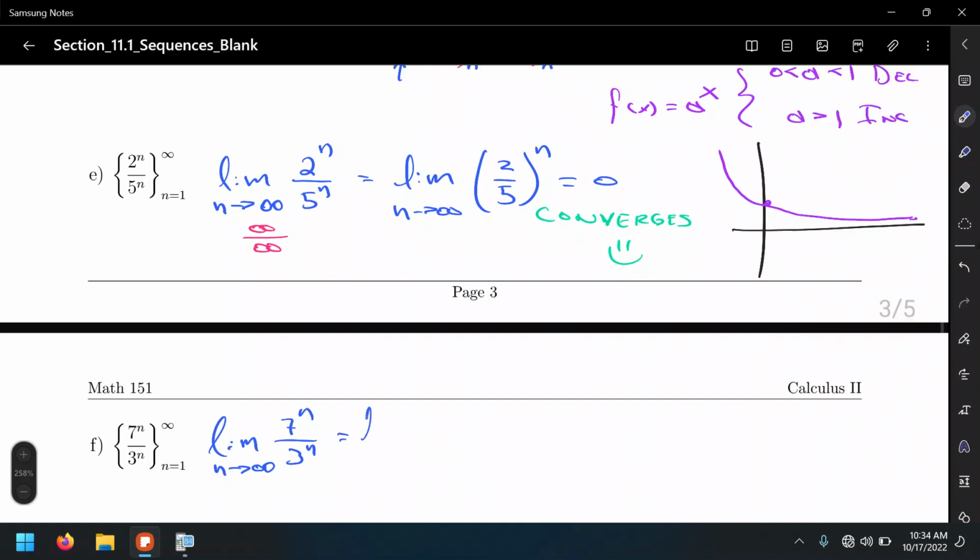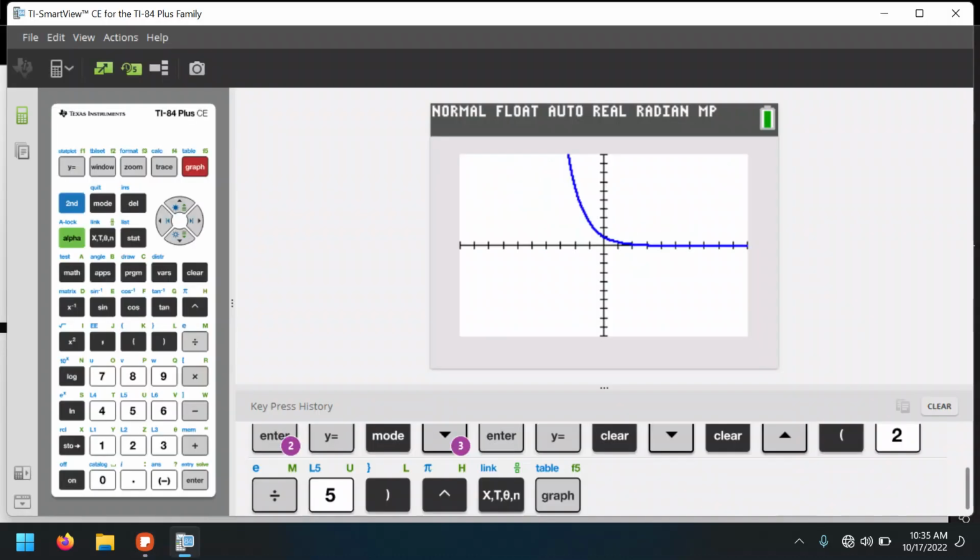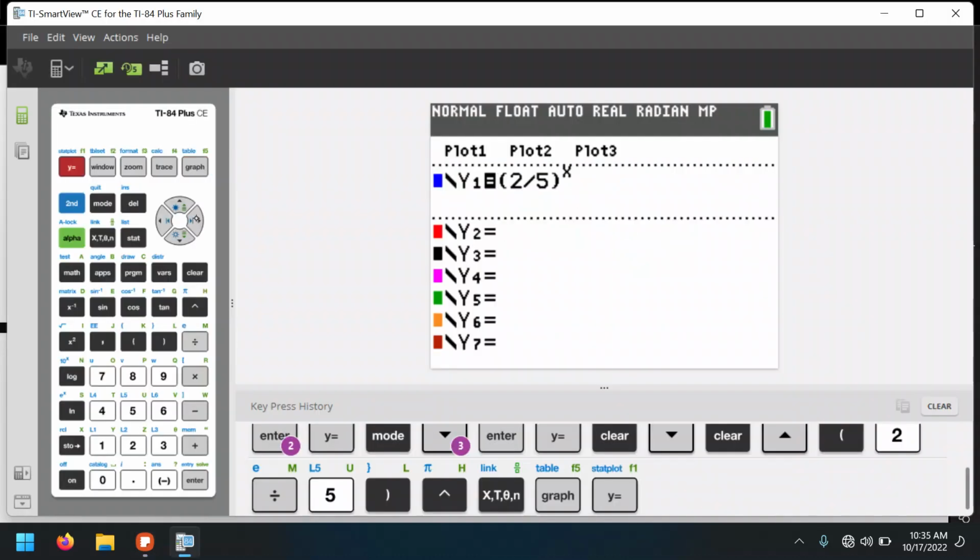actually, well, let me write it down as the limit of 7/3 to the n power, and in this case this is a number greater than 1, so that should mean an increasing function. Let's verify that graphically. So let me change this to 7 over 3.